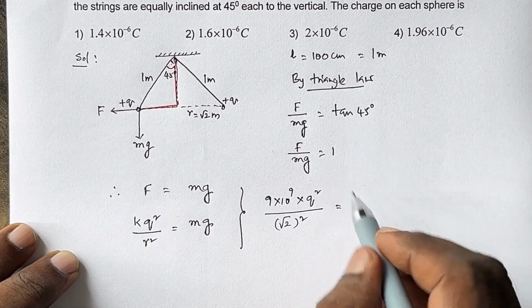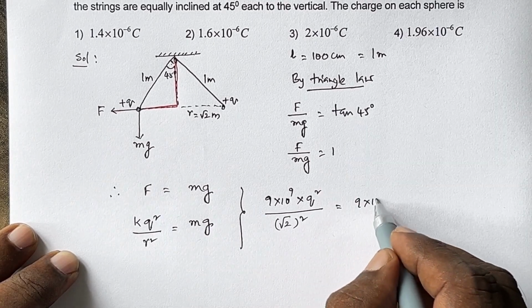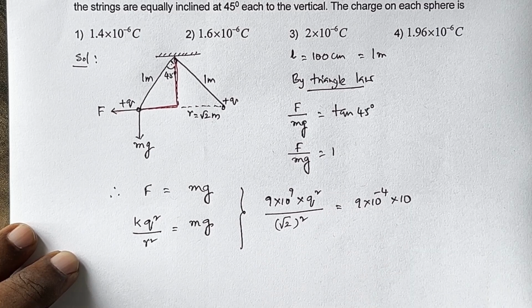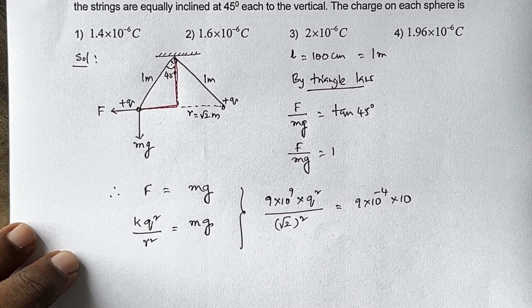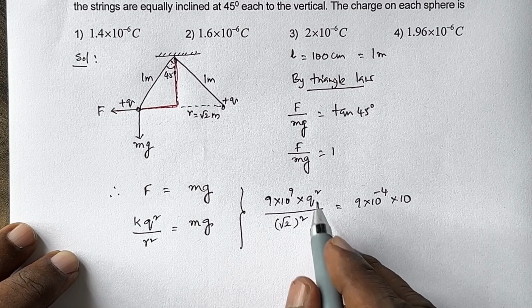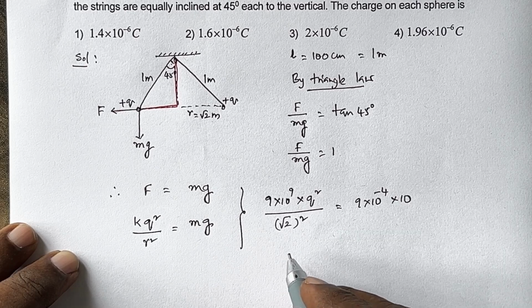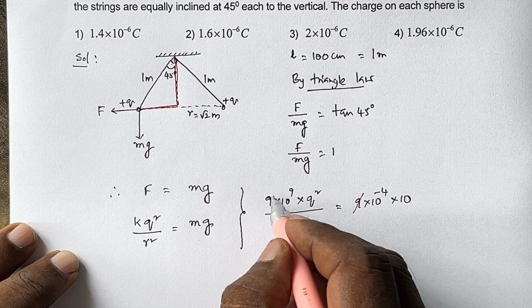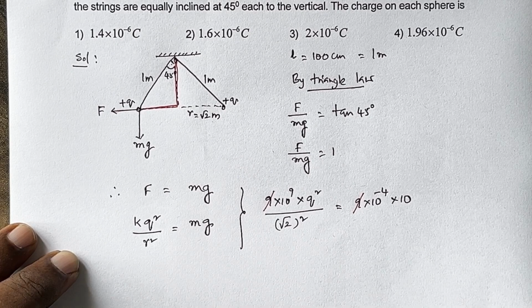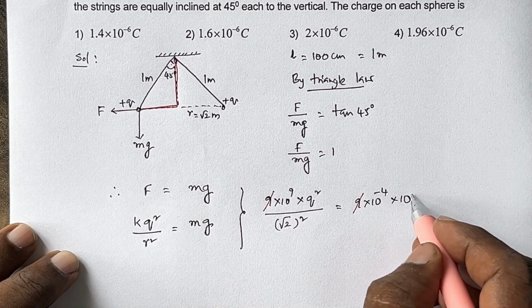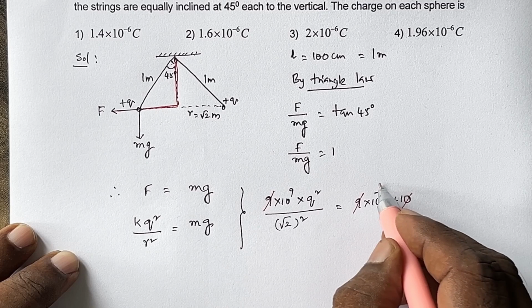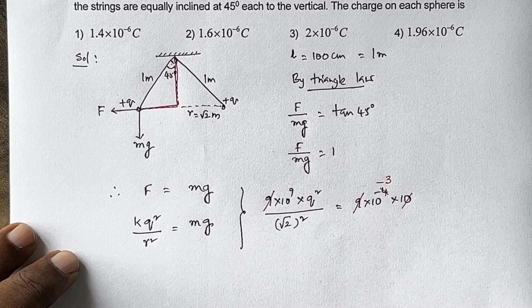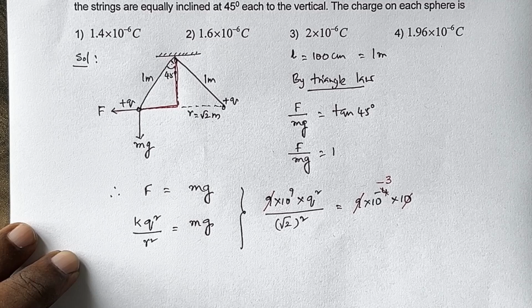The m value given is 9 into 10 to the power of minus 4. The g value is 10. Now q square value we have to calculate. Here 9 is on this side and 9 on that side, so they will cancel each other. This 10 and this 10 to the power of minus 4, one goes, so 10 to the power of minus 3 will be there.